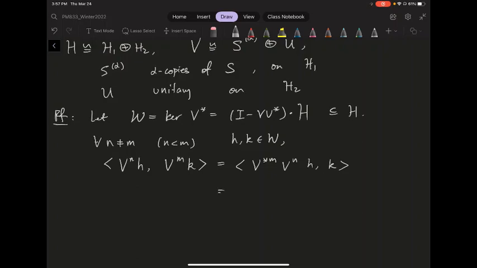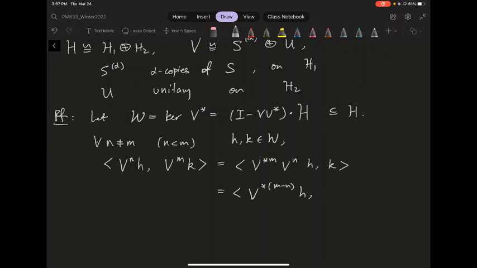And because V is an isometry, the V star on the left will cancel out the V on the right, okay? The m copies, basically now you can pull out the n copies, then cancel out the V to the n, and you end up with V star to the m minus n, okay? The number doesn't really matter.